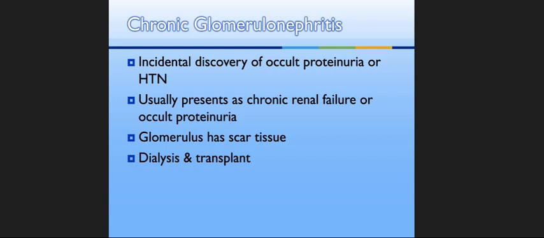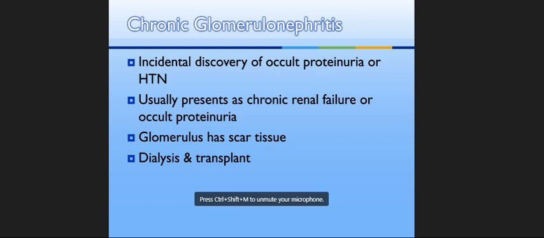Sometimes your patient is asymptomatic, but you, as a smart doctor, by your investigations, incidentally find occult proteinuria or hypertension. You find your patient hypertensive and you start to look for the causes of that hypertension.